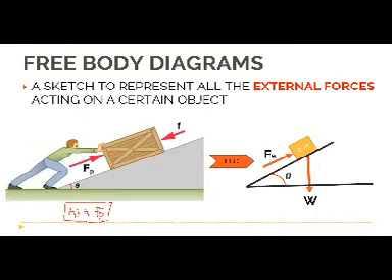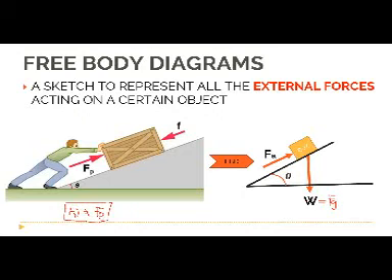So this is the weight, or the force due to gravity, which is the force exerted by the box on the surface, and its direction is downward.